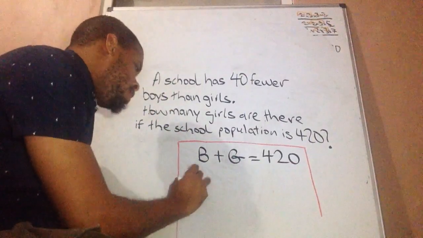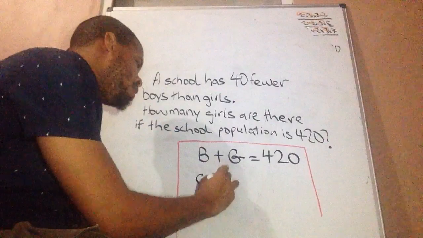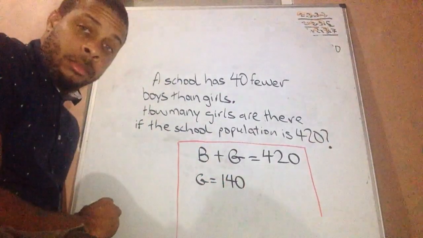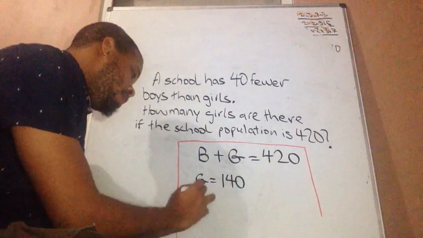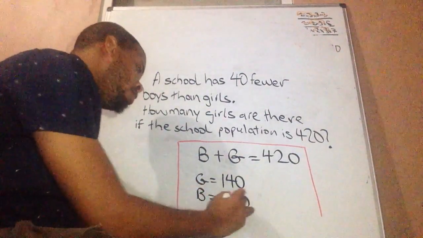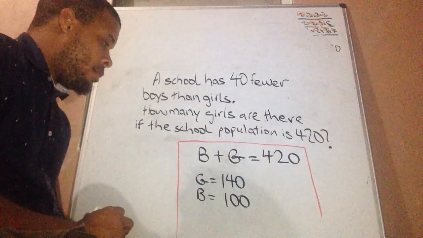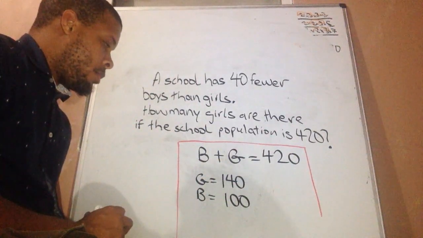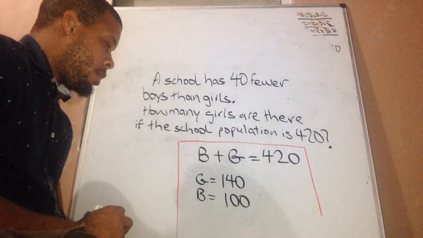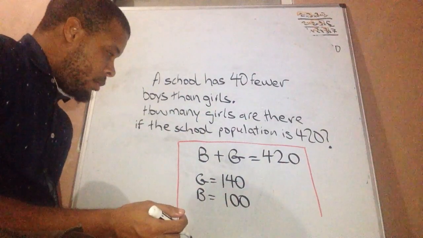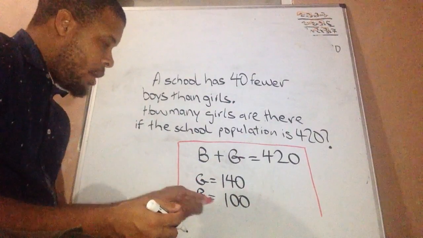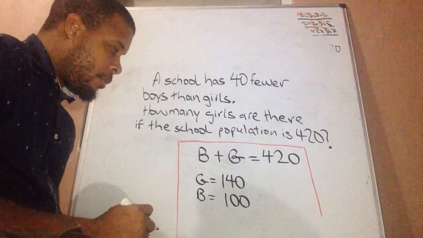If girls is equal to 140 and boys is equal to 100, then G is equal to B plus 40.